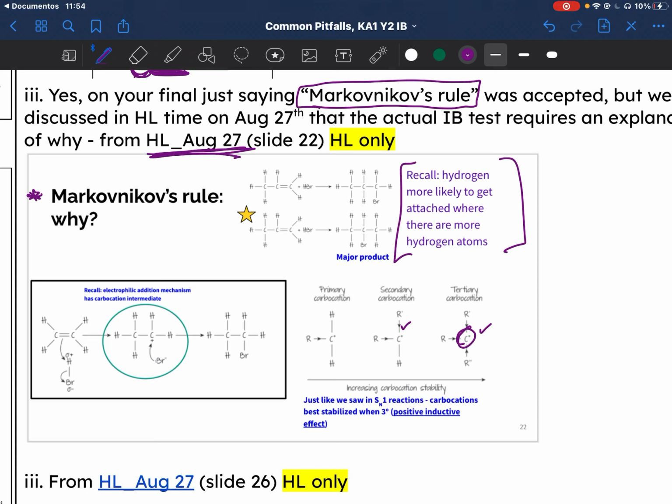And so when I form that carbocation intermediate, if I were to add my Br plus here, this carbon would have been a carbocation intermediate versus this carbon being a carbocation intermediate. Well, which is most stable? Well, the one with more alkyl groups attached, because we know alkyl groups stabilize a carbocation. Carbon really does not like being positive. It needs help from other carbons to distribute that charge.